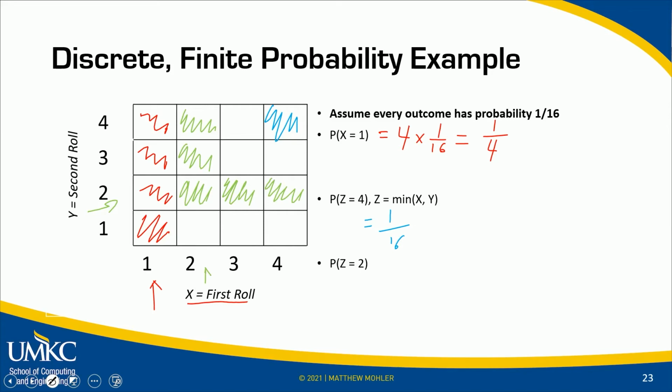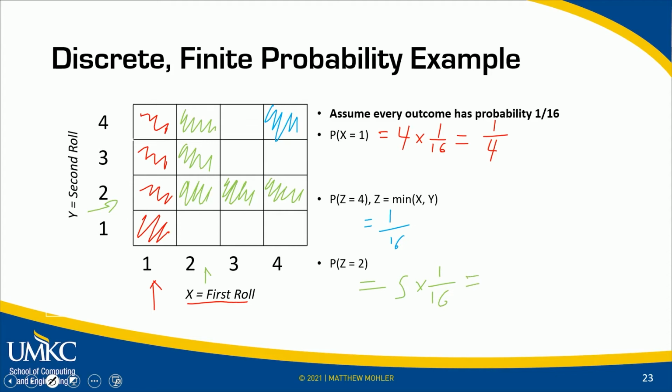You can spend more time and look at this if you need to, but those are the only 5 possible outcomes where z is equal to 2. So again, just using the counting that we've been doing, assuming that every outcome has an equal probability, we can simply say that the probability that z is equal to 2 is just equal to the number 5 times 1/16.